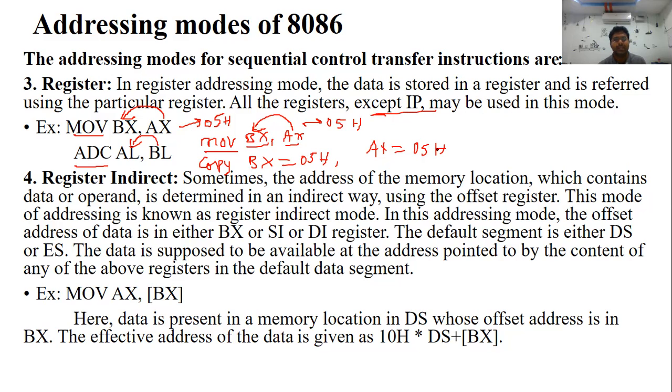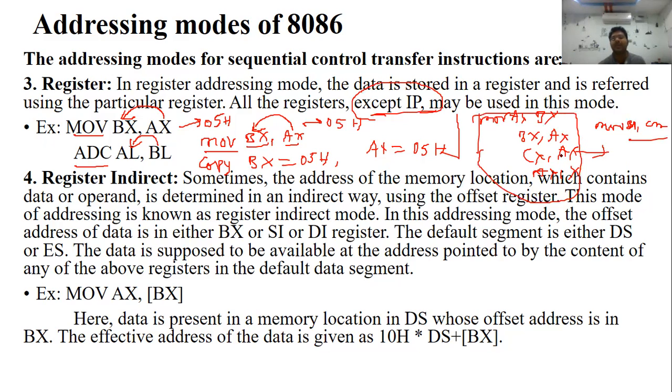This combination gives nearly 50 to 60 instruction combinations, like MOV AX, BX, MOV BX, AX, MOV CX, AX, MOV AX, CX, or MOV BP, and so on. Except the IP register, we use all these combinations. So you can transfer or copy data from one register to another register.